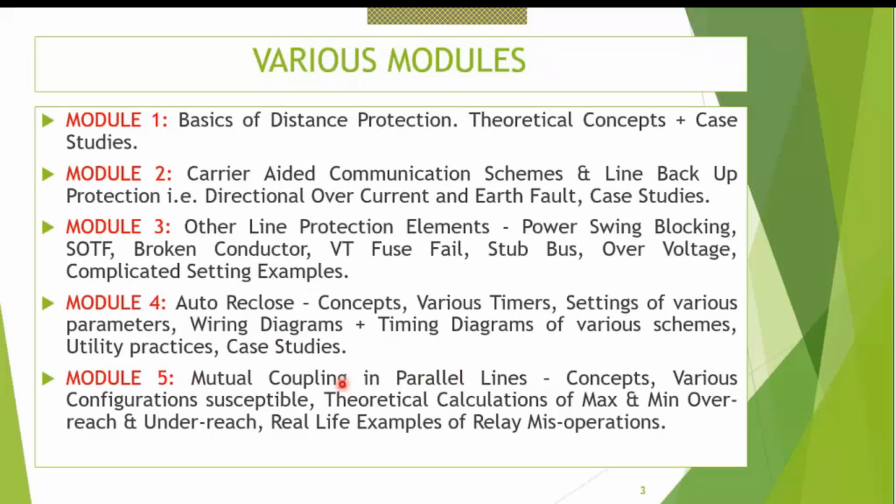The voltages induced and all those things are in series, so that complicates matters a bit. We are more used to shunt kinds of faults. So this will be another part: mutual coupling in parallel lines, concepts, various configurations, susceptible configurations where mutual coupling has to be watched for, where it can go wrong, the theoretical calculations of maximum and minimum overreach and underreach, and some real life examples of relay misoperation.